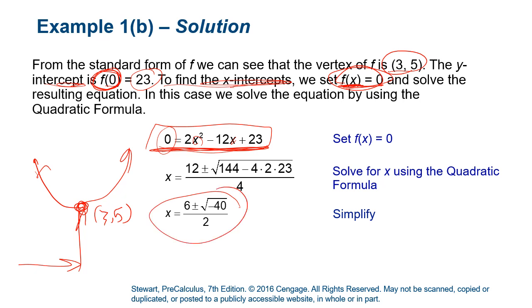But here's a problem. We got a negative inside the square root. So when we're dealing with real numbers, we would say that x has no solution. If x is supposed to be the x-intercept, then we have no x-intercepts, okay?